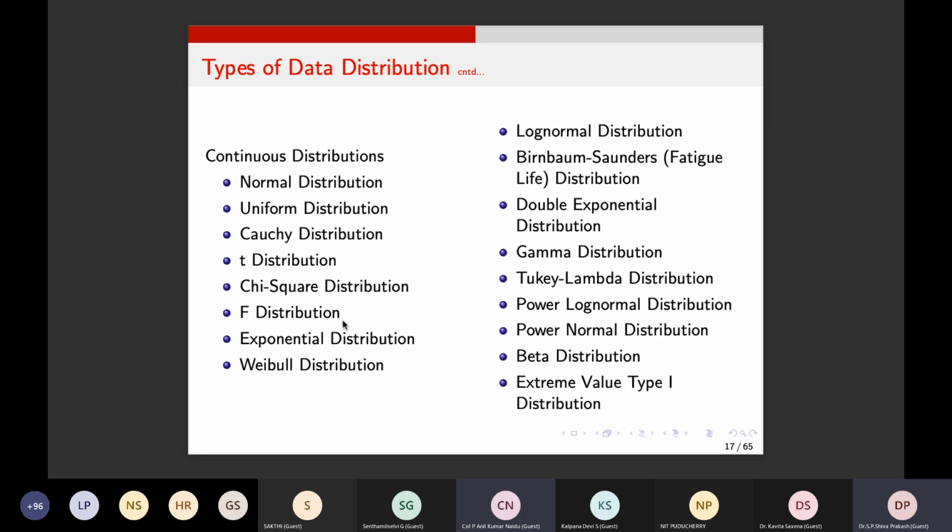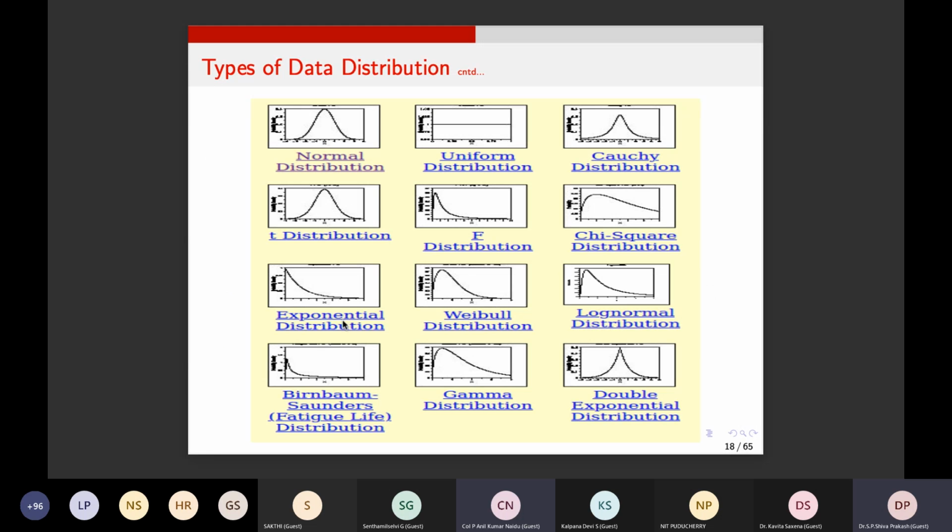And for continuous distributions you have the normal distribution, uniform distribution, Cauchy distribution, t distribution, chi-square distribution, F distribution, exponential distribution, Weibull, and log normal distribution, right? So you can see this different set of distributions.